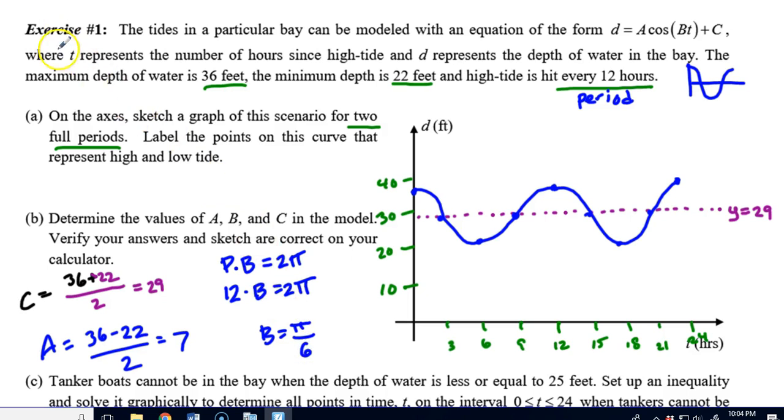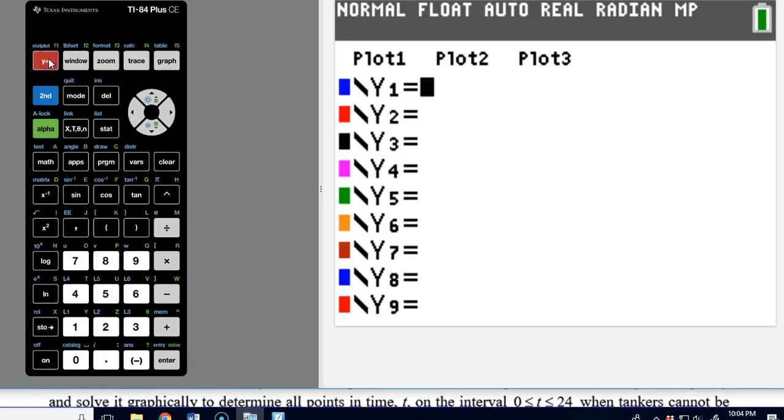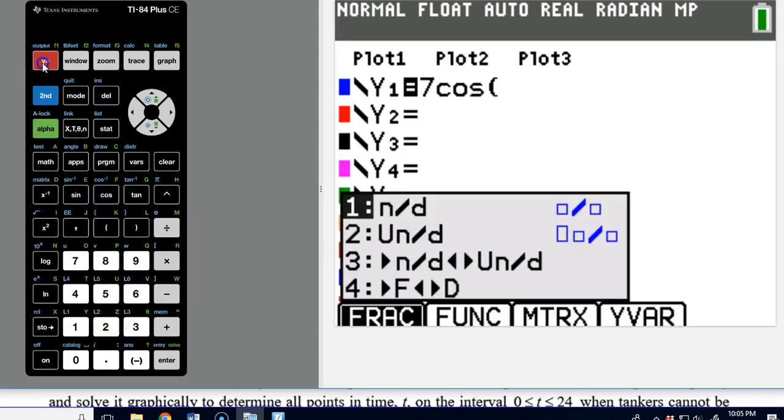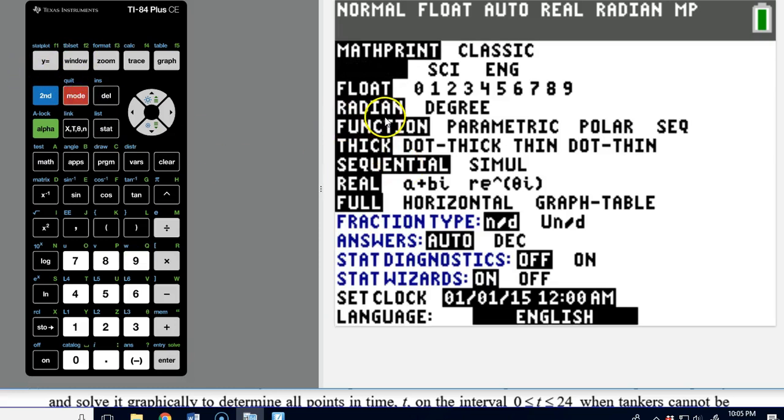Let's do that. So if you have a graphing calculator, hop over here. We're going to do a cosine graph that has an A value of 7. Okay, so it has my value of A and B and of C. I'm going to make sure I'm in the right mode, which I am. I'm in radian mode.